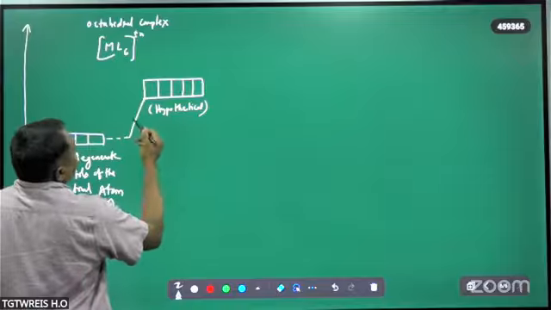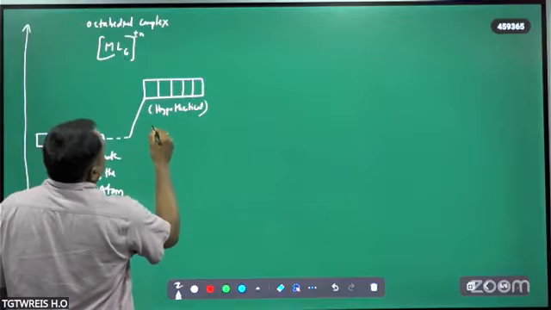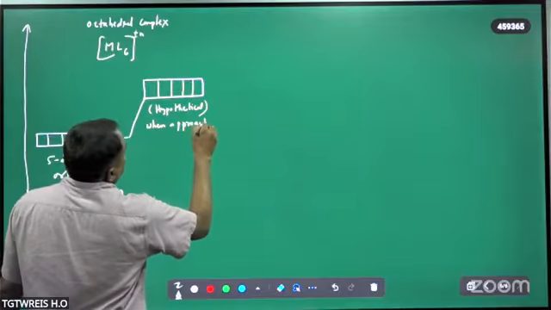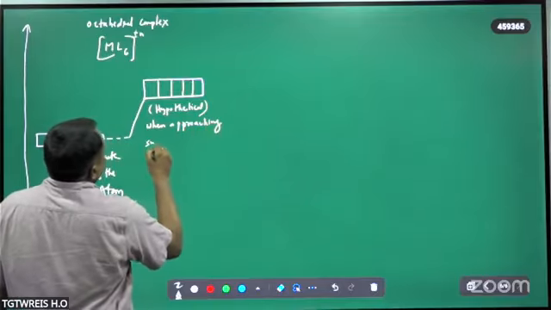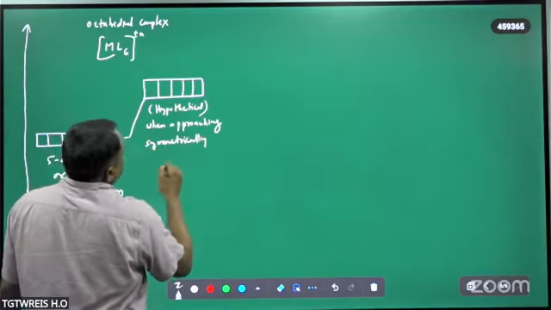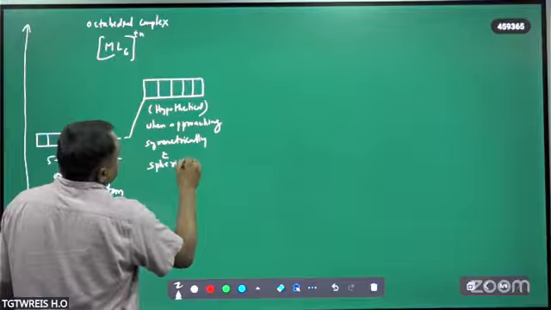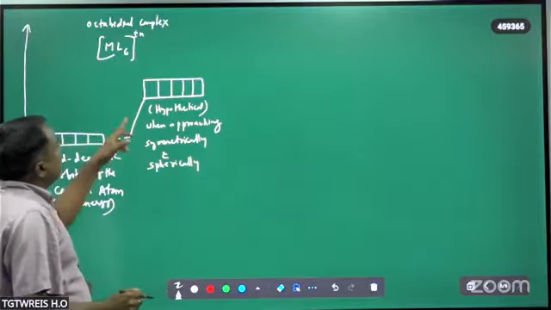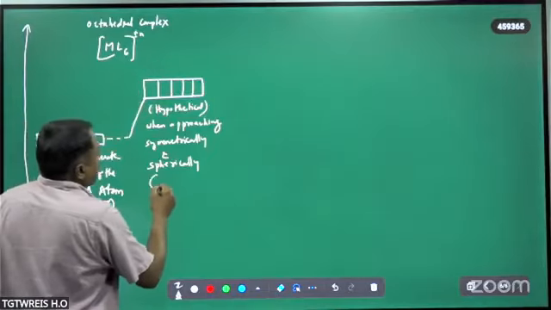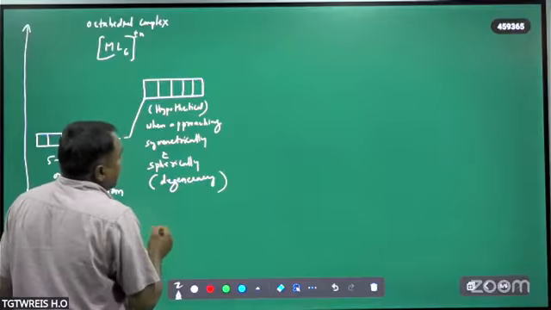Hypothetically, when ligands approach the d orbitals symmetrically and spherically, the d orbitals' energy increases, but degeneracy is maintained in this case.